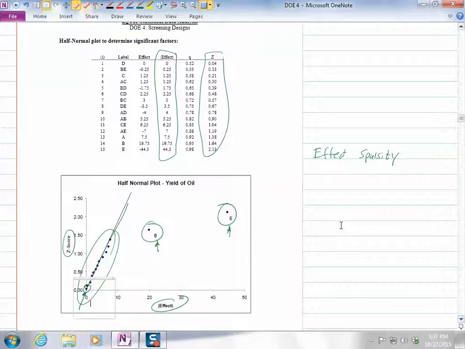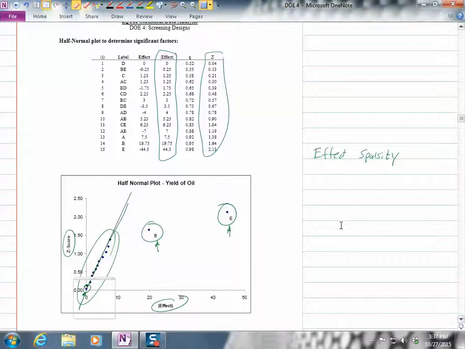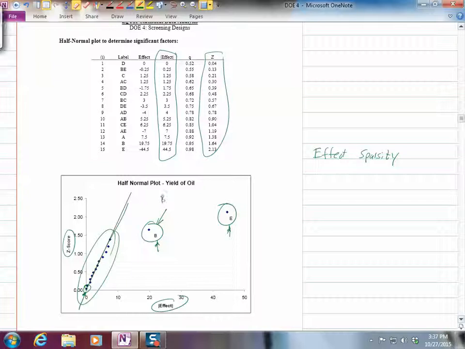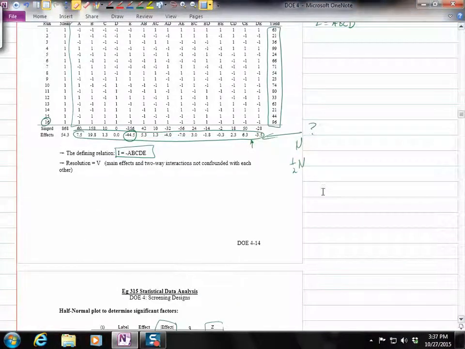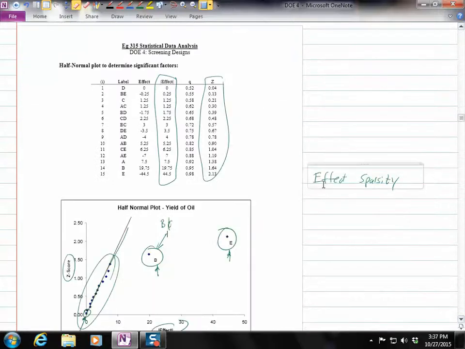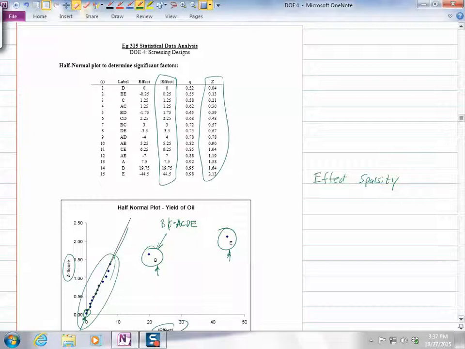But be really careful with these designs, and be especially careful with Minitab output, because this says this point was due to the main effect of B. But it's not just B, right? It's B and what else? It's the effect of B and the effect of A, C, D, E, really the negative of that effect.